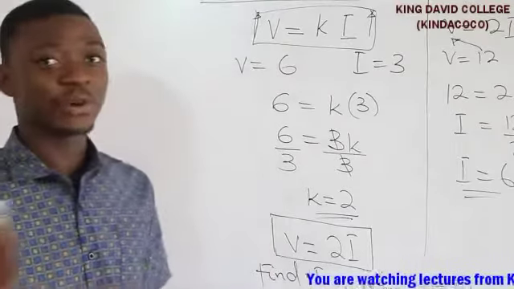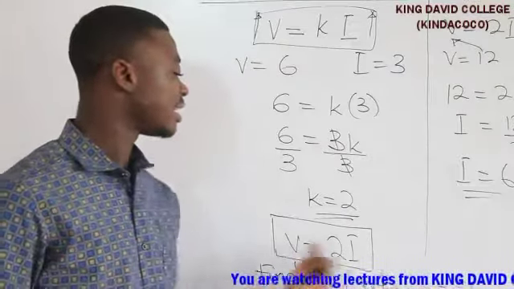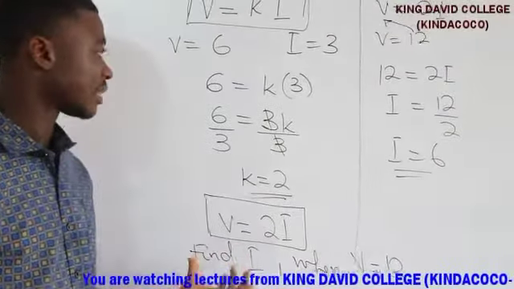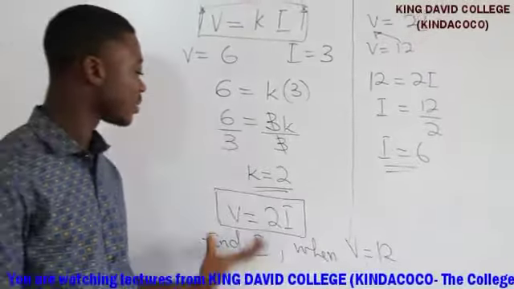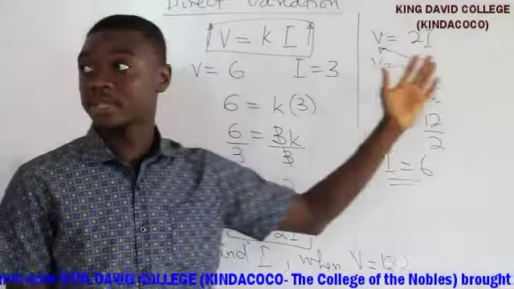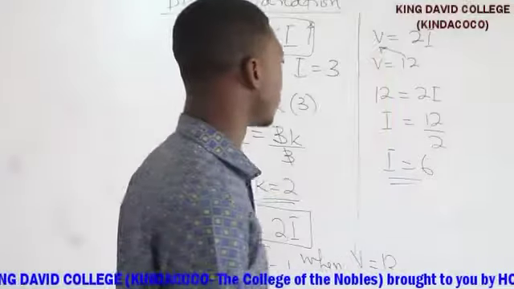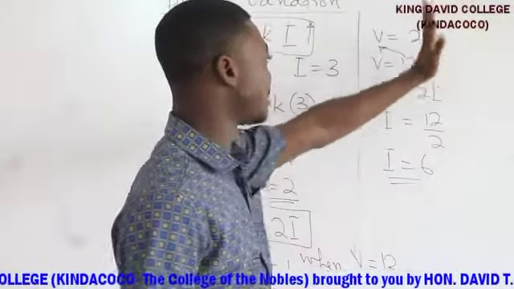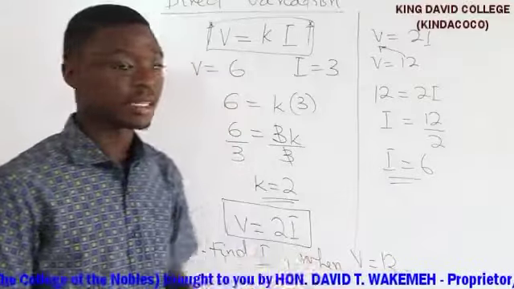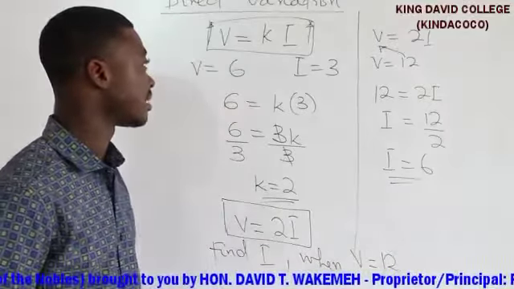Then if they give you one of them, you only insert it into the equation, make the other the subject, and that's all. So here we can also ask you to find V when I is 4. That one is the same thing. So my V will be equal to 2 times 4, and then V will be equal to 8. As simple as that.